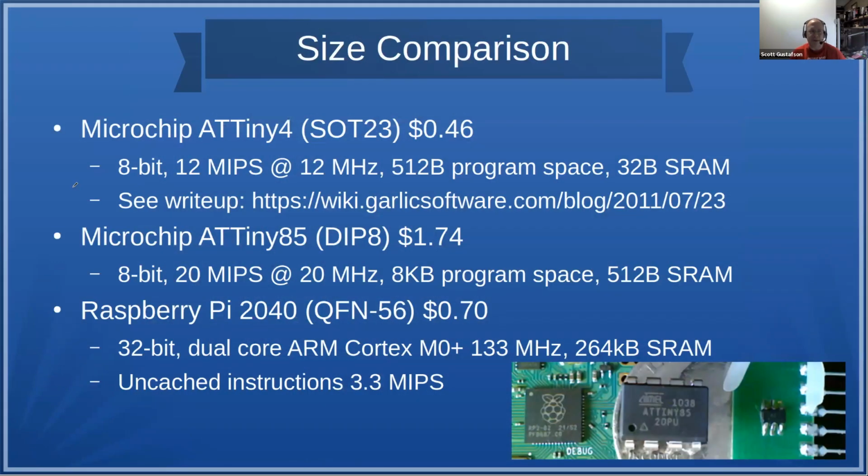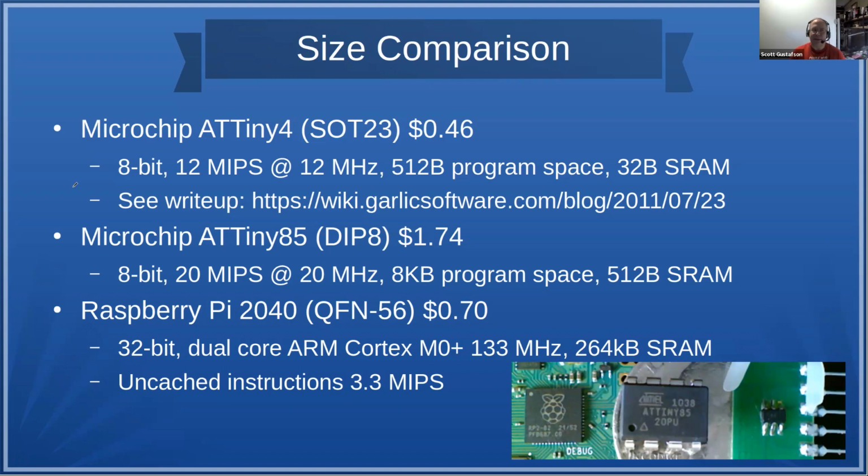But there are different capabilities for each one. The ATtiny, even though it's an 8-bit computer, runs at 12 MIPS at 12 megahertz, so it's running 12 million instructions per second. That's 1 instruction per hertz, which is pretty good speed.